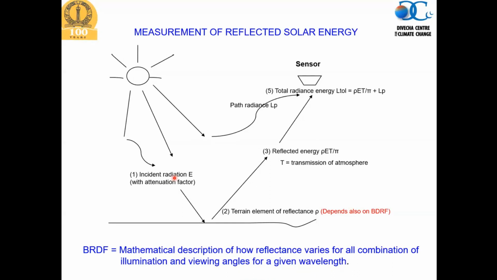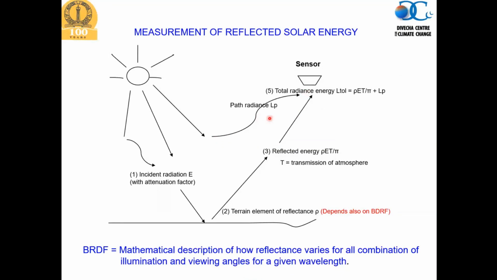So it is quite possible that this sensor, which receives the incoming solar radiation, also receives some of the scattered radiation from the atmosphere that goes up and enters our sensor. Because of this atmospheric scattering phenomenon, radiation reaches the sensor, and that is known as path radiance.